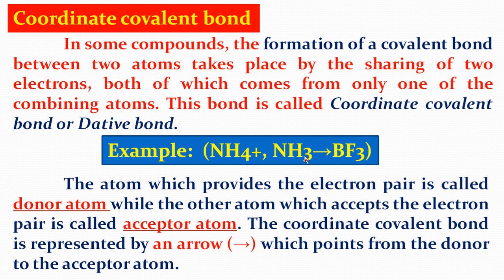Here ammonia is the donor and boron trifluoride is the acceptor. The arrow points from the donor to the acceptor atom.